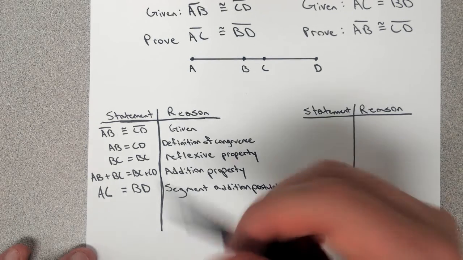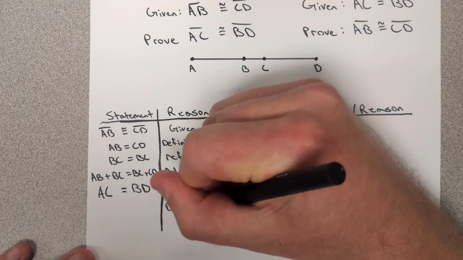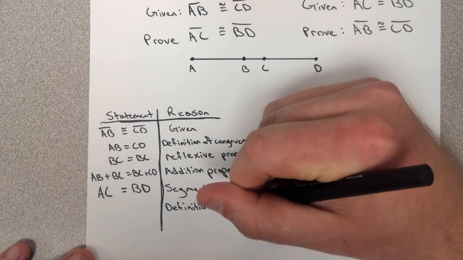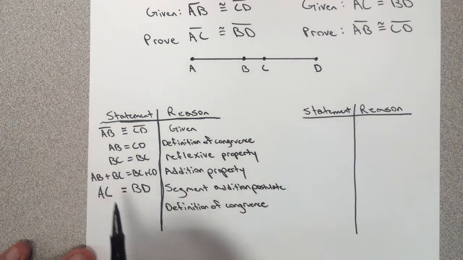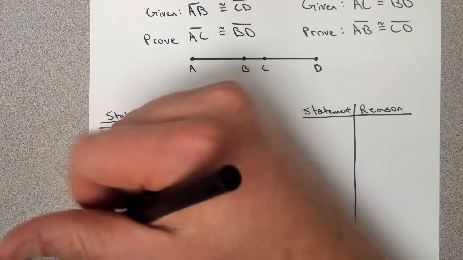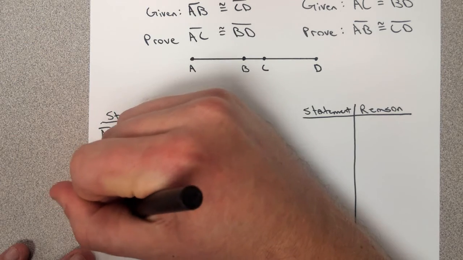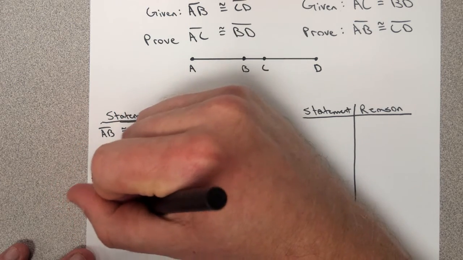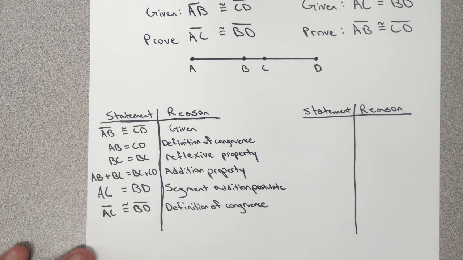And all we need to do is use the definition of congruence one more time, which gets us from the measures to the fact that the segments themselves are congruent. And there we've proved the first part of the theorem.